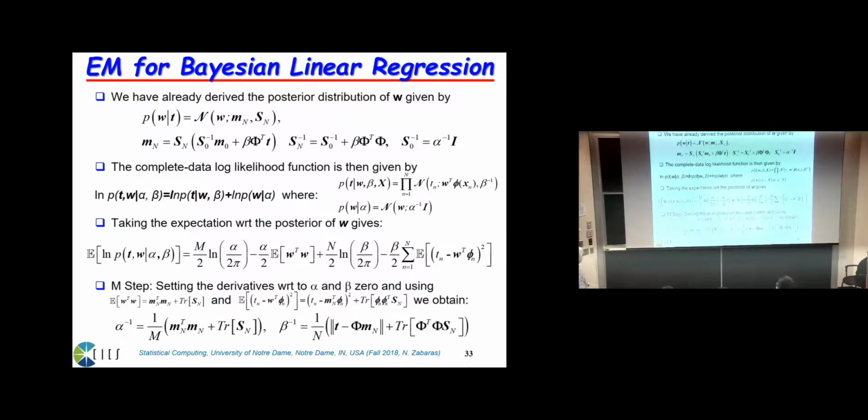So effectively what you need to do is take the expectation of the joint log likelihood with respect to the posterior of W. Everywhere where there is a W, I put an expectation with respect to the posterior of W. And you can compute these expectations using the exact posterior of W, so you can compute everything analytically. When you take derivatives with respect to alpha and beta, there are the answers.